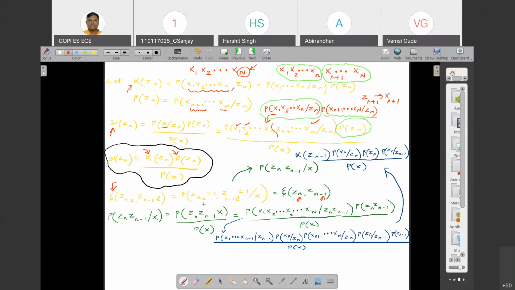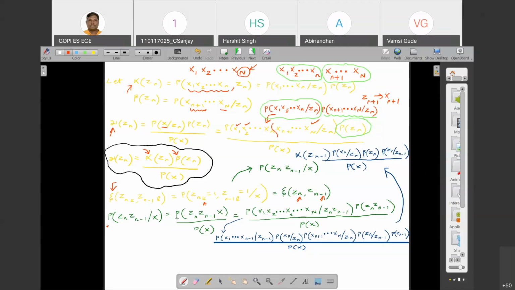We need not explicitly mention k and l because the value of Zn gives you the information about the state. If Zn is 10, it is state 1. If it is 01, it is state 2. So we are removing this k and l. We are writing in short Zn and Zn minus 1 here. So in short, again, the probability of Zn, Zn minus 1 given X. That is what your zeta is.